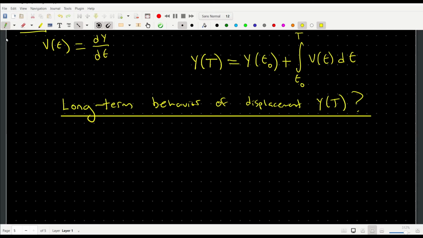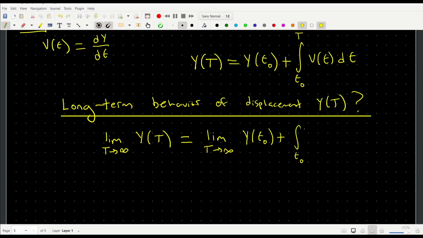Mathematically, this is just the limit as capital T, the end time, extends all the way to infinity of y of T. Which is the same thing as the limit as T goes to infinity of y of t naught plus the definite integral from t naught to T of v of t dt.